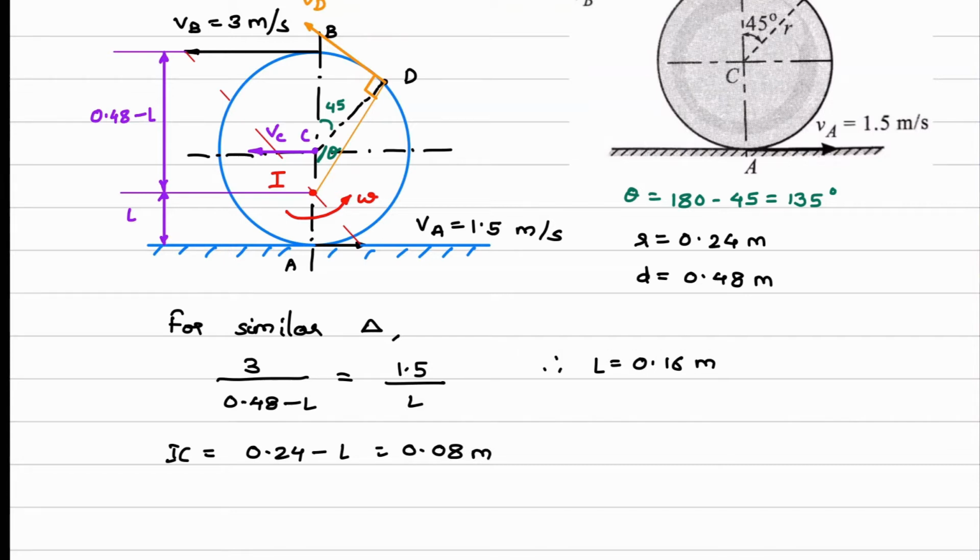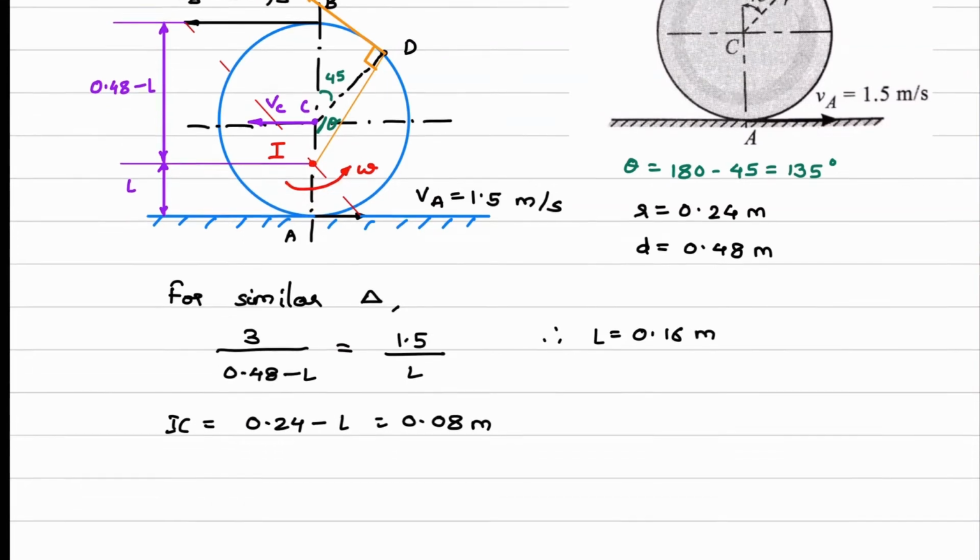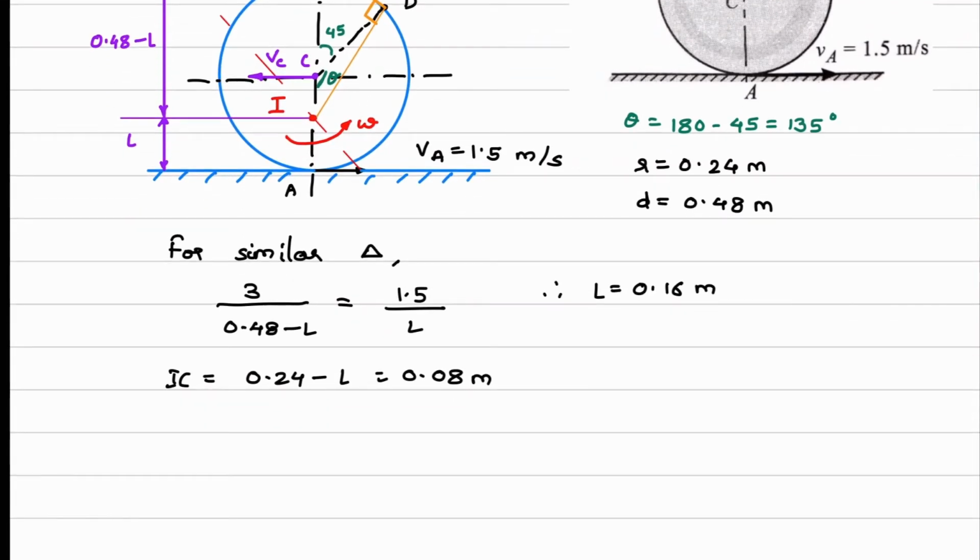Now we need to find the value of this omega. Which velocity is known? Va is known. So how to find this omega? Va is Ia into omega. So I'll write down the equation. Va is equal to Ia into omega.